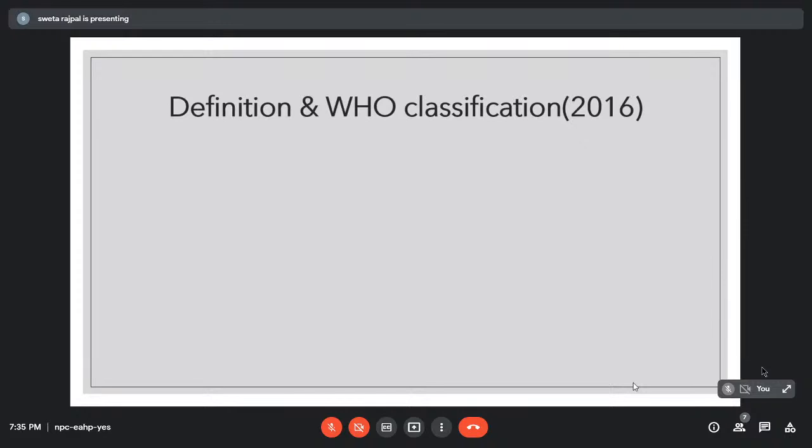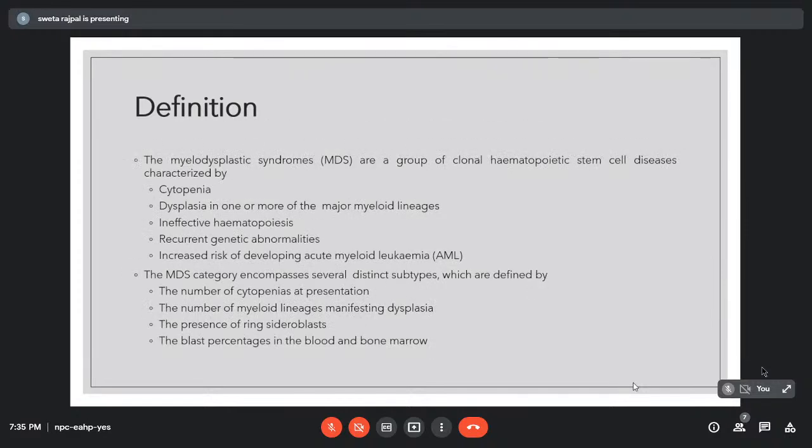So, how do we define the WHO definition for MDS? MDS is a group of clonal hematopoietic stem cell diseases. They are characterized by cytopenias, dysplasia in one or more of the major myeloid lineages, ineffective hematopoiesis, recurrent genetic abnormalities, and increased risk of developing into AML.